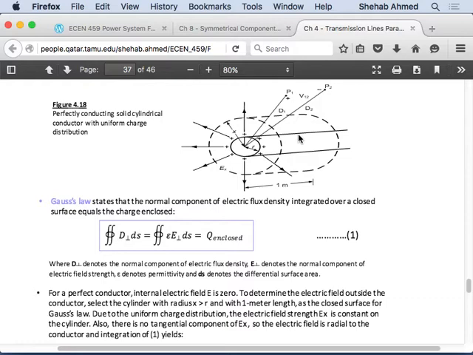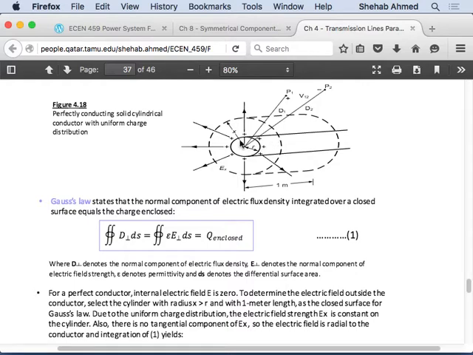Only because of that can we say that the electric field strength E at any point that is equidistant from the core of the conductor is the same, right?